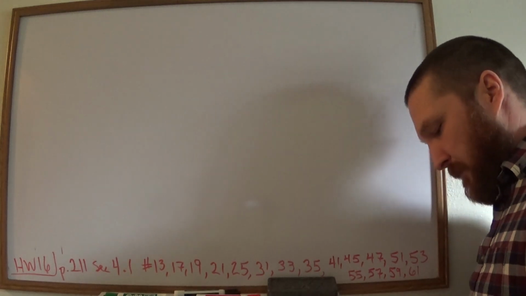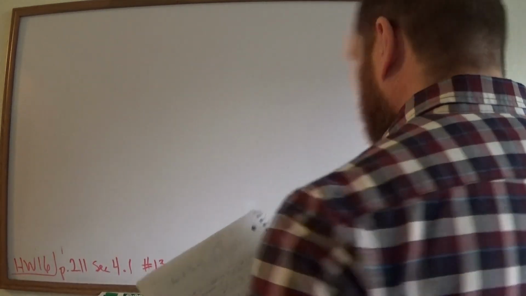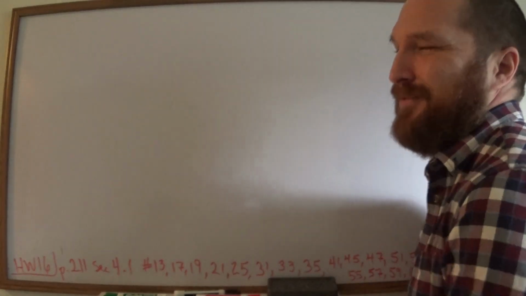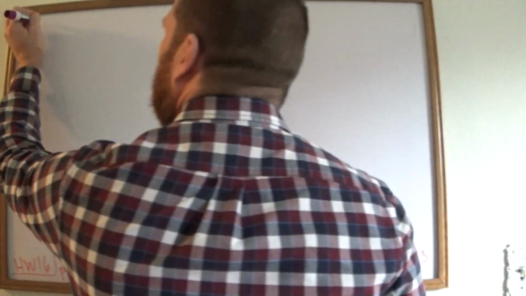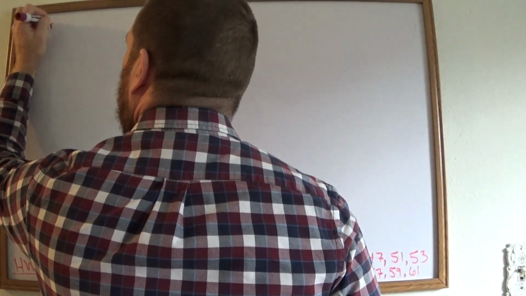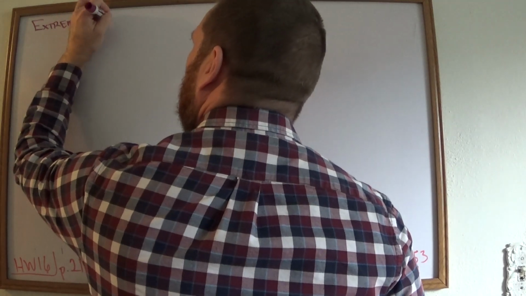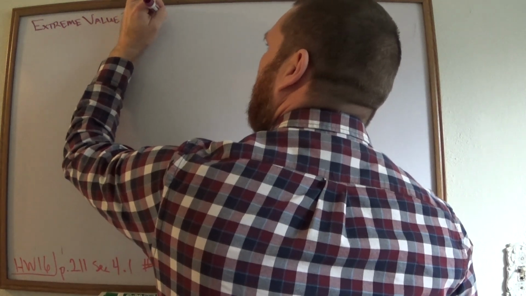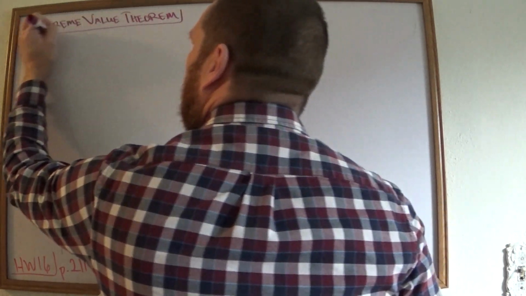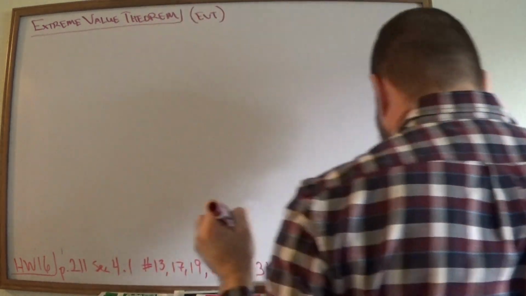So we have a theorem. We're not going to prove it, and in fact your book doesn't even bother to prove it because it's obvious, come on, right? This is called the extreme value theorem, which we will abbreviate EVT whenever we use it.